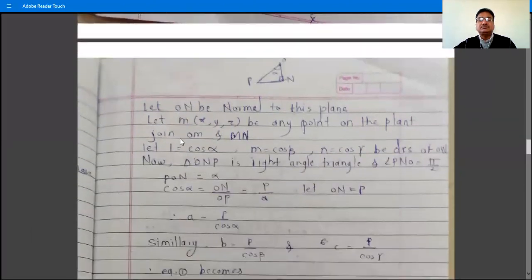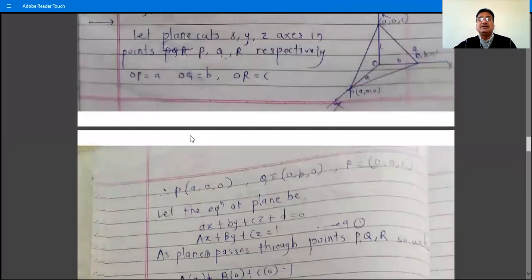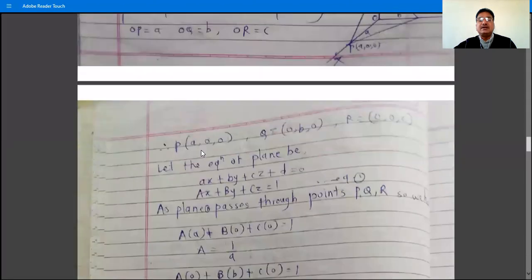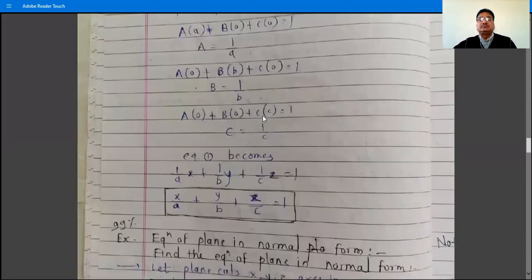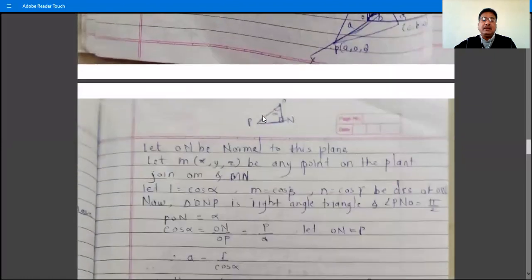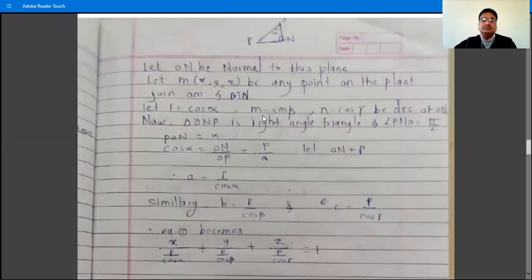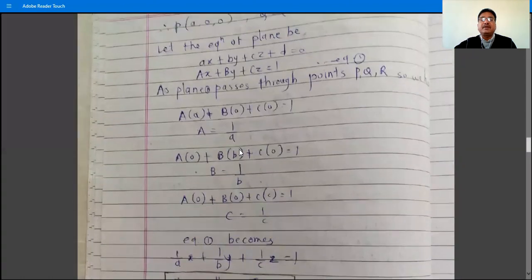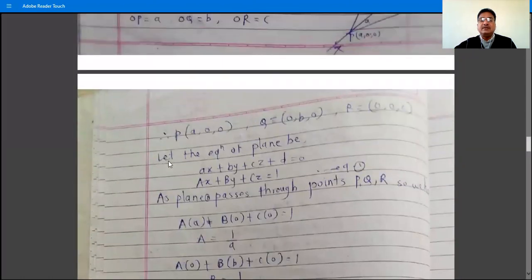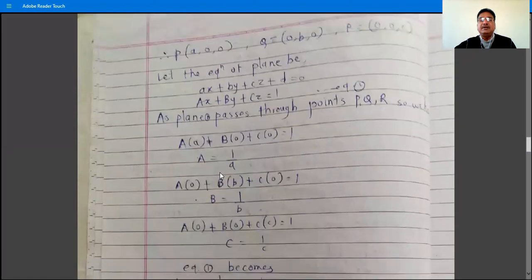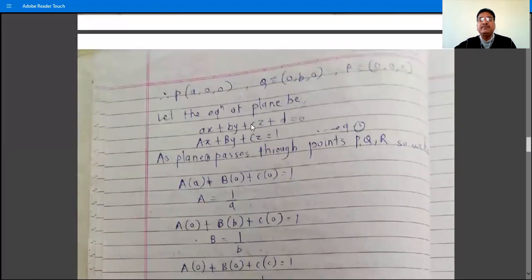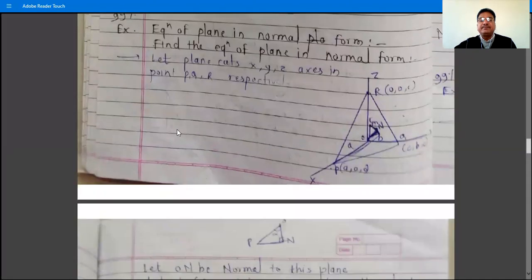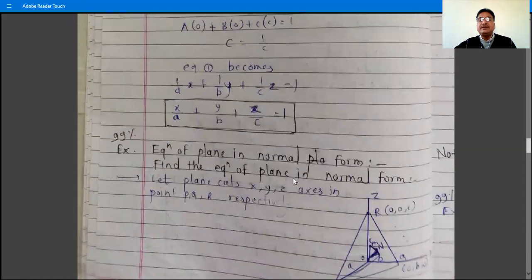Then write these statements up to this point. Then write the statement after this: let the equation of the plane be x by a plus y by b plus z by c is equal to 1.